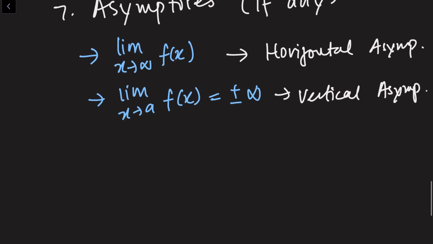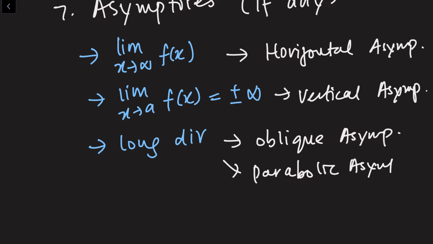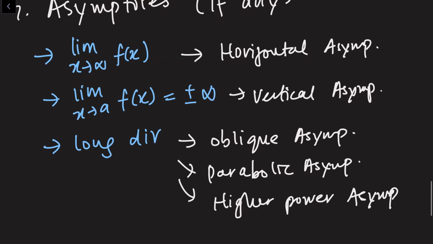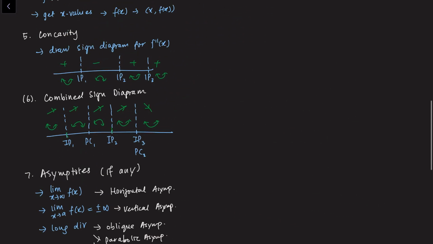Sometimes you need to do long division because the graph may have an oblique asymptote, parabolic asymptote, and higher power asymptote, depending on the difference in degree of the numerator and denominator. Alright, so this is all the graph sketching procedure.